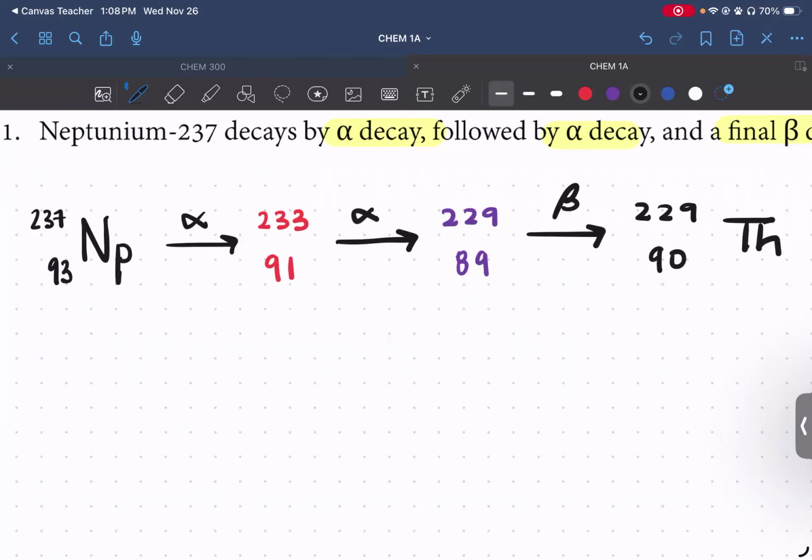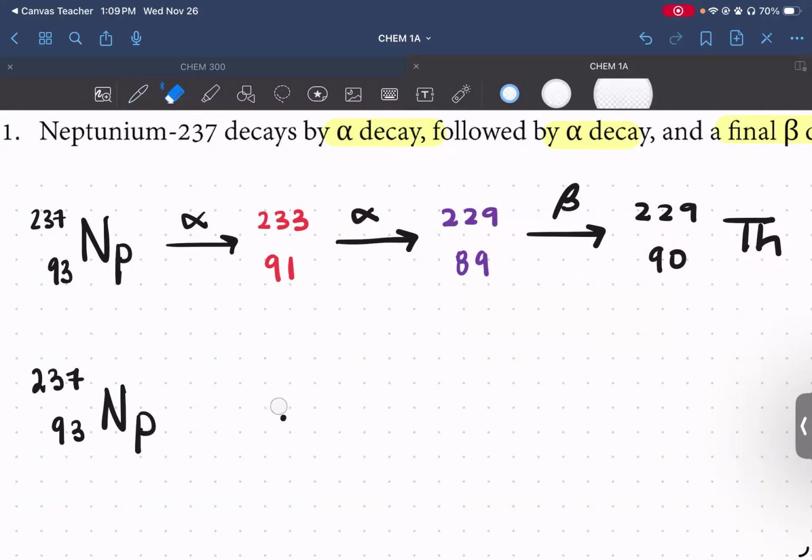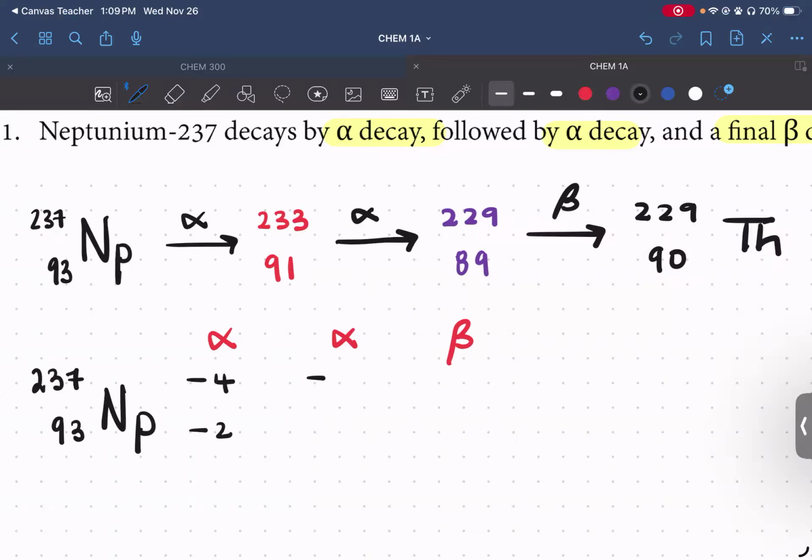It forces you to go piece by piece to identify each individual decay, forces you to take it one step at a time. The other way you could have done this, depending on your comfort level with the math, is you could have recognized, okay, well, these are the decays in that order. Mass goes down by 4, goes down by 2. -4, -2. 0, +1.